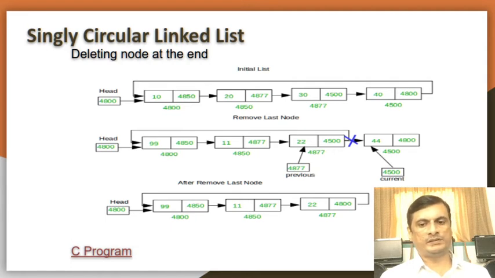Keep moving the pointers previous and current until current reaches the last node and previous is at the second last node. I'll repeat: move both pointers such that next of previous is always pointing to current, until current reaches the last node. So what I mean to say is, when current points here, previous must be pointing here. That was the explanation in short.